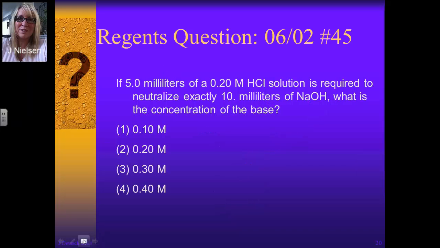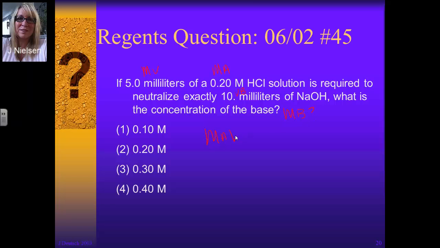If 5 milliliters of a 0.2 HCl solution, so this is my MA, is required to neutralize exactly 10 milliliters, so this is my VB, what is the concentration of the base? So I don't know my MB, that's my question.